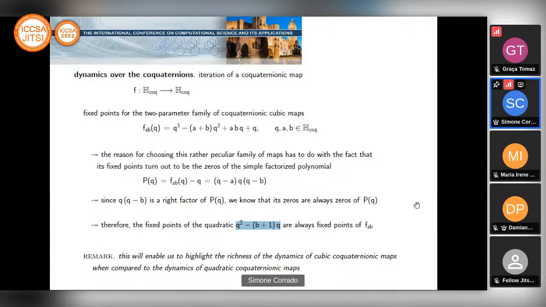This is a very interesting situation in the sense that it enables us to compare the results that we have already for quadratic polynomials with a cubic polynomial that we construct in this very simple way.